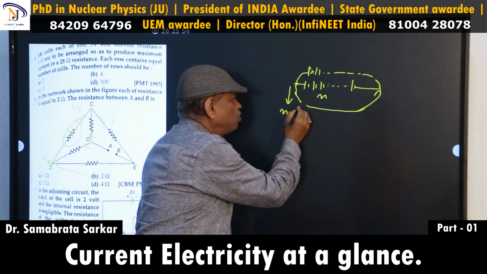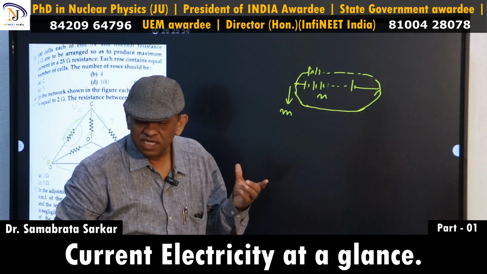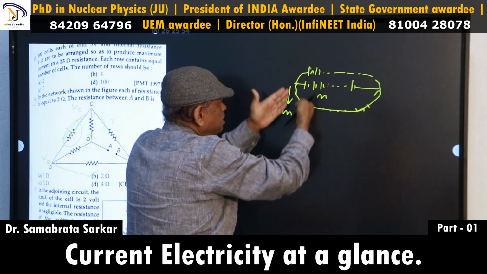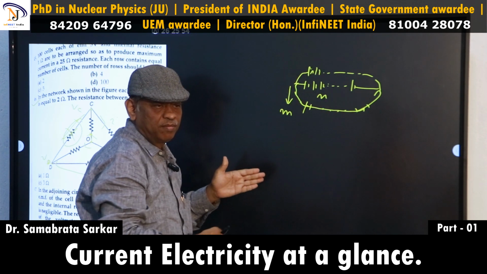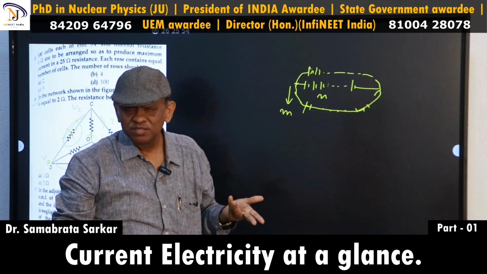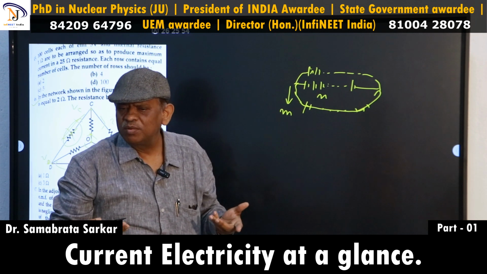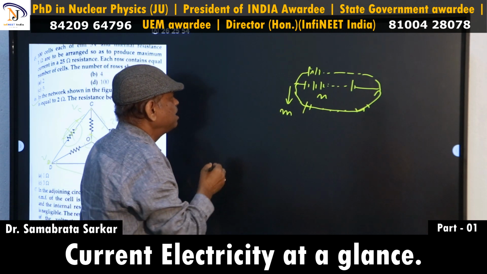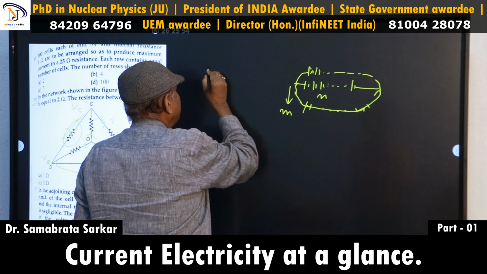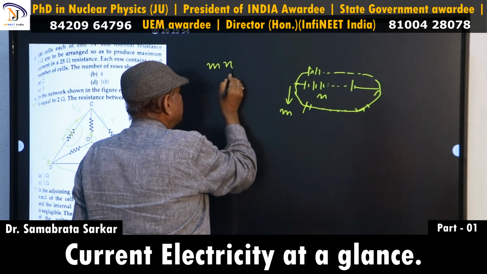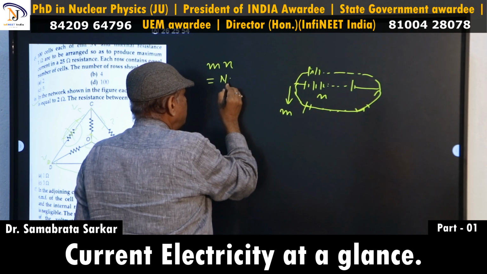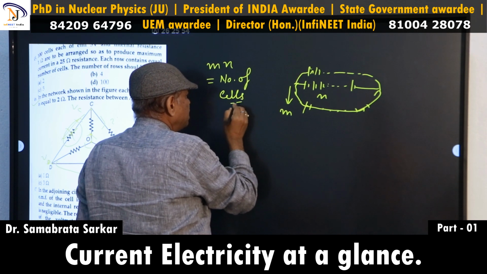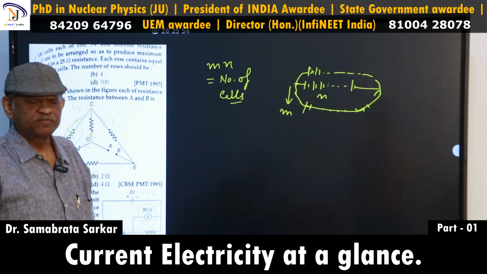If each row contains n cells, then this one is a column. How many columns are there? N columns. The number of cells in each row means the number of columns. Do you follow me? Then how many cells are there? mn is the number of cells.